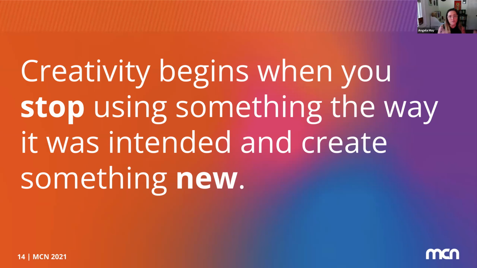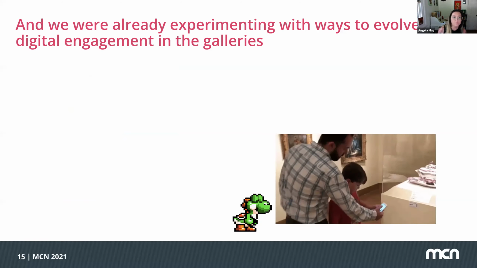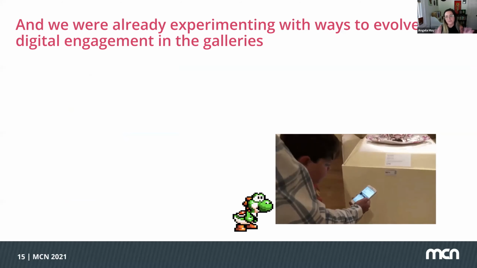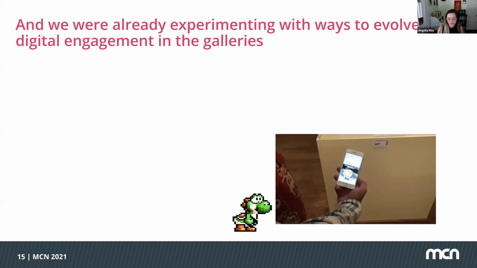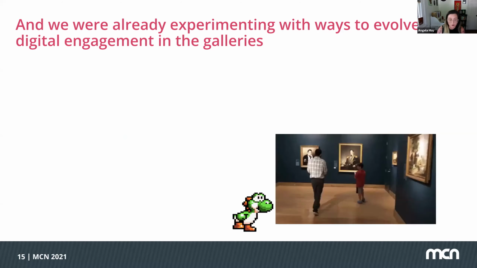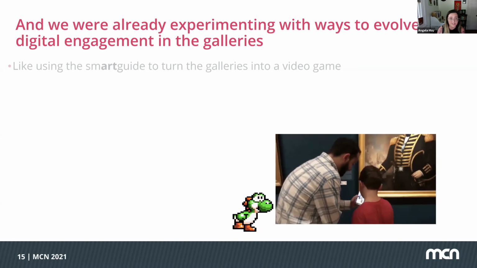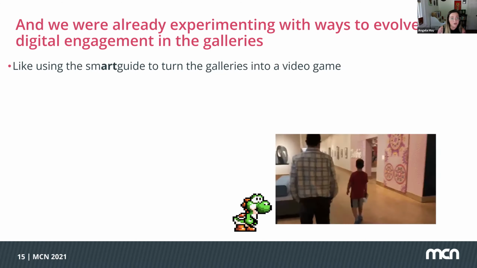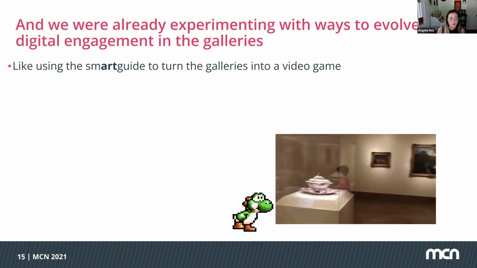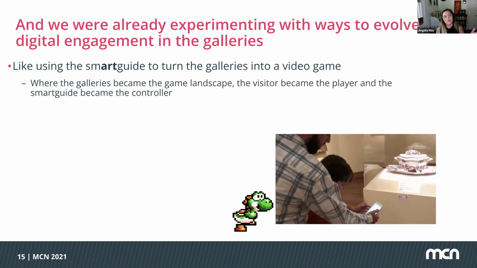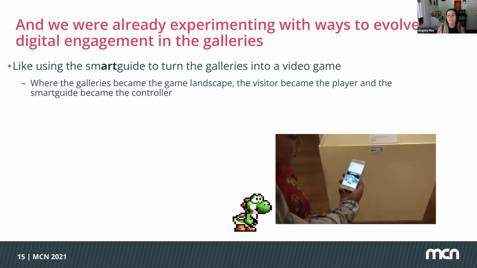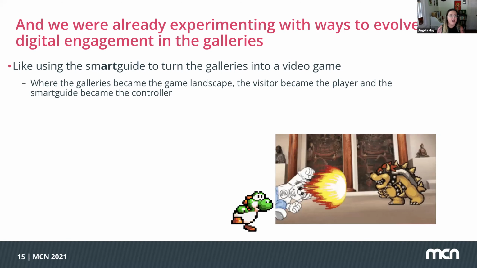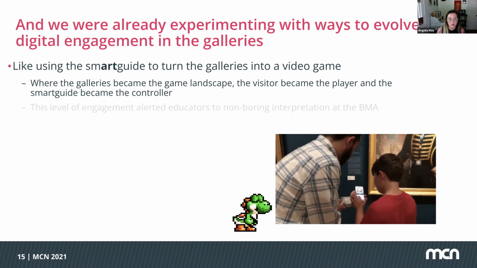And so for us at the BMA, creativity begins when you stop using something the way it was intended and create something new. Before the conversion to asynchronous resources, we were already experimenting with ways to evolve digital engagement in the galleries. That's like using the smart guide to turn the galleries into a video game, where the galleries became the game landscape, the visitor became the player, and the smart guide became the controller.